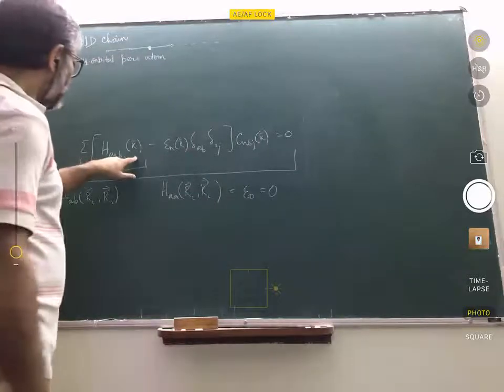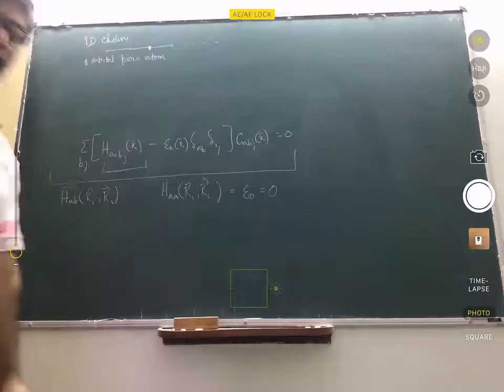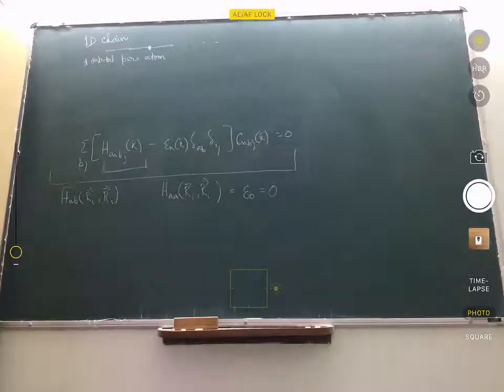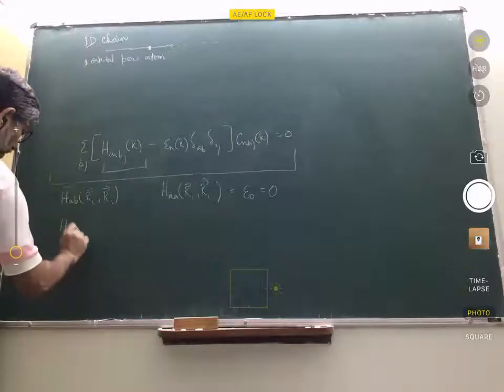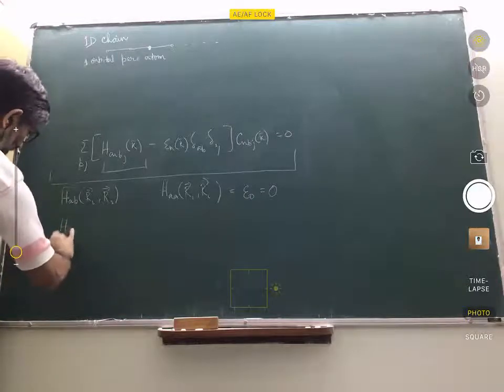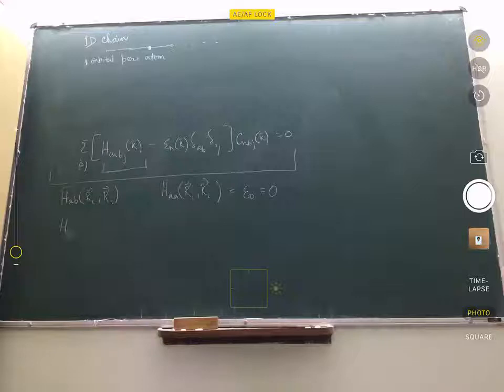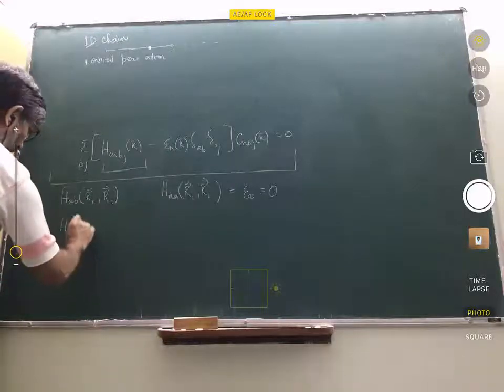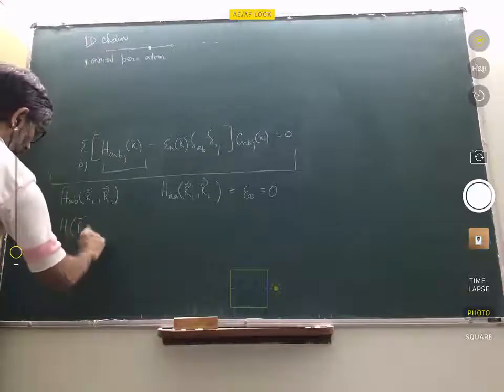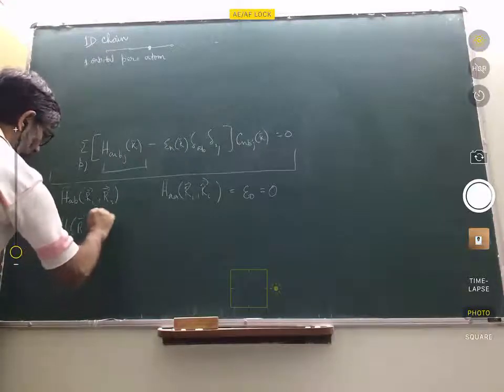I have to worry about the off-diagonal terms here, and here I'll restrict myself to only nearest neighbor terms. So when I talk about H, I'm not writing the A, B index anymore because there are no different A, B indices. So I have H(R_i, R_j).